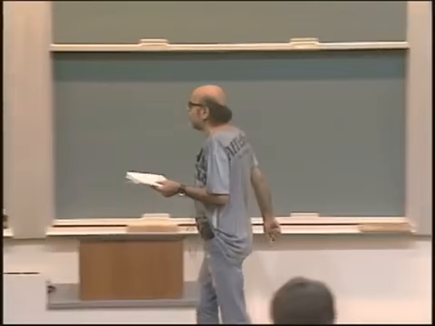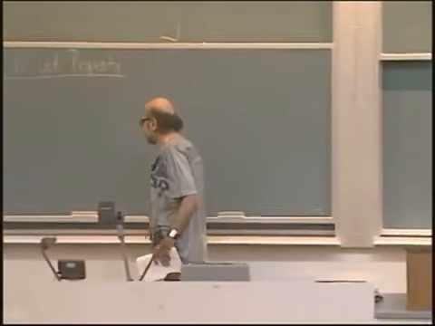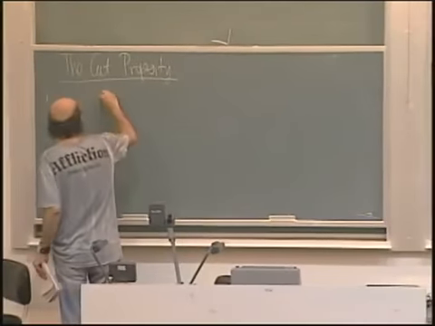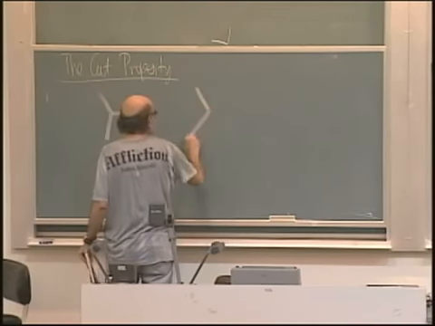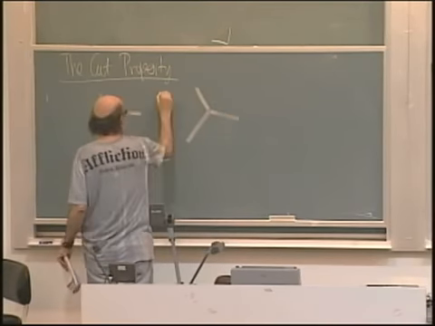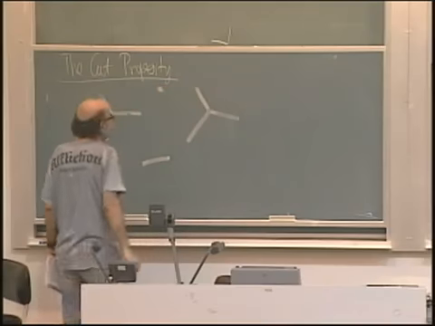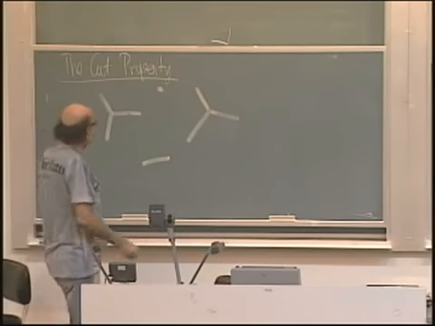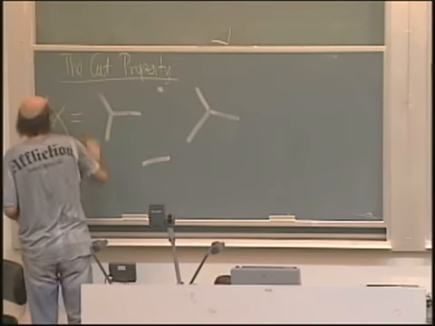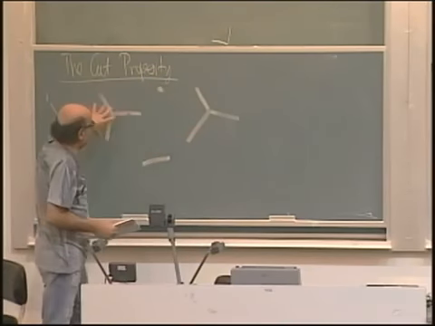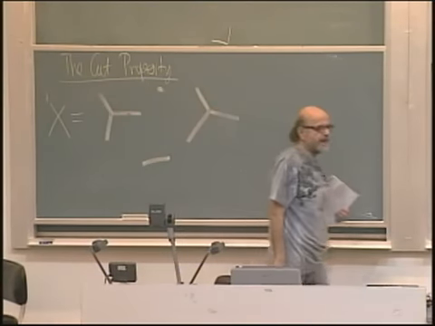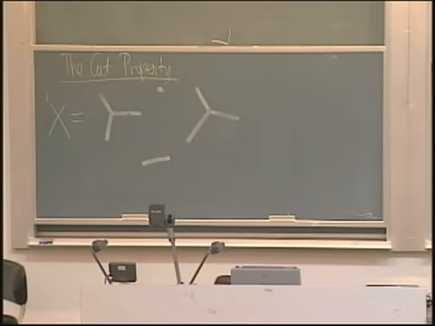It's the following. Imagine that we have this, our X, a set of edges. It divides the graph into many components.